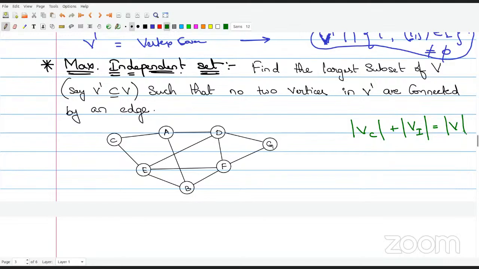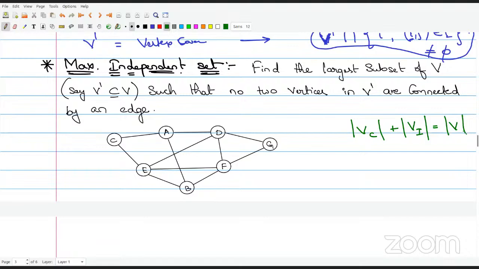We are interested in maximum independent set and minimum vertex cover because these are the optimal cases. For vertex cover, we need the minimum possible; for independent set, we need the maximum. We try to find the maximum number of vertices that are independent of each other.